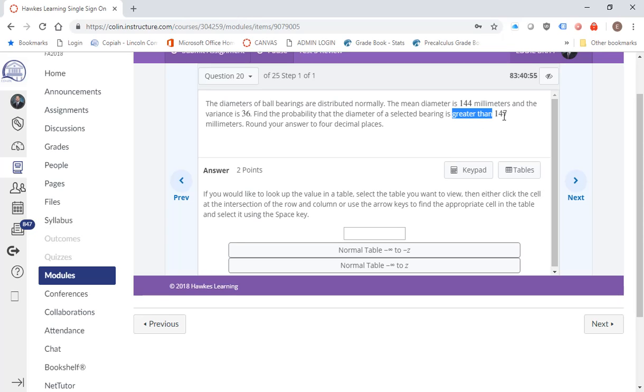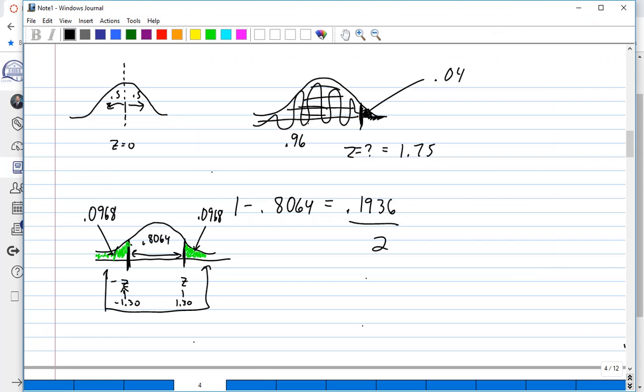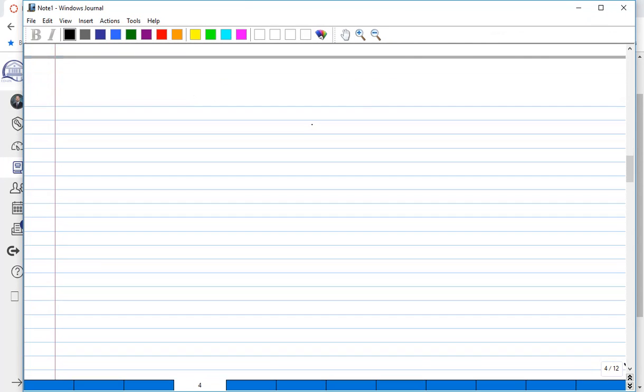Okay, so we got a lot of good information in this word problem that I'm going to write down first before I start actually doing math. So this is problem number 20. We were told that the mean of a ball bearing is 144.